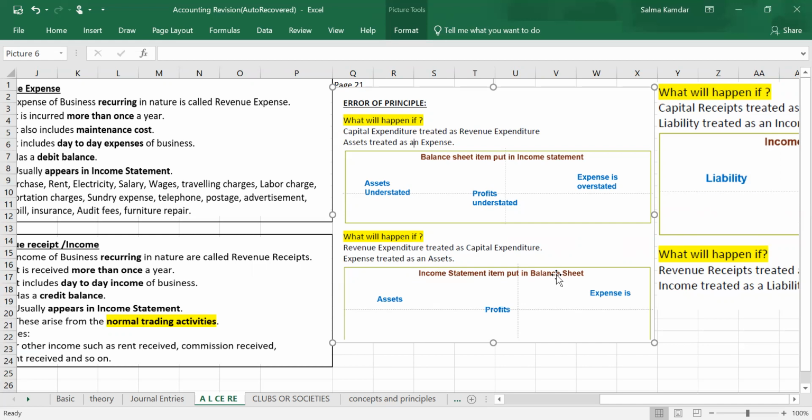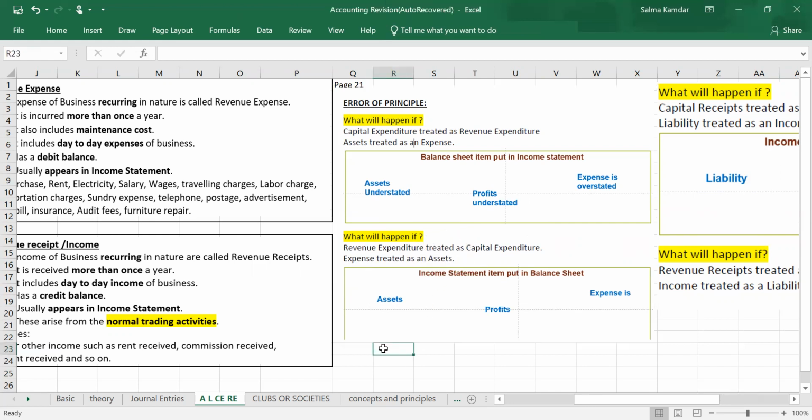Your profit for the year will be overstated. Let's talk about assets first. You did a revenue expenditure and you treated it as a capital expenditure. That means you treated your expense as your asset. What will happen to your assets?